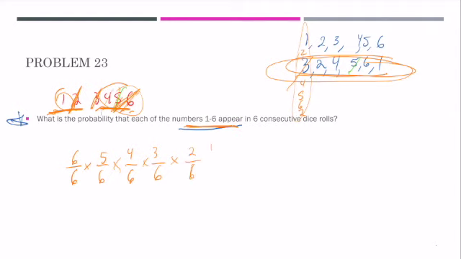After I roll my 4, I've got 1 choice left. That's why this is 6 times 5 times 4 times 3 times 2 times 1, which is 6 factorial over 6 to the 6th.